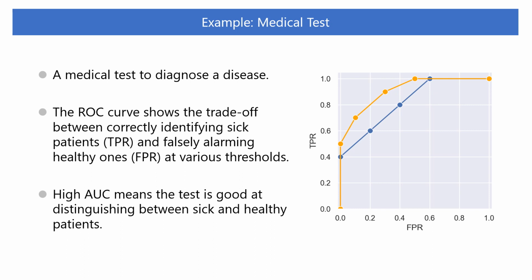The ROC curve will show the trade-off between correctly identifying sick patients and falsely alarming healthy ones at various thresholds. In this case, correct identification is true positive and false alarm is false positive. A high AUC would mean that the test is generally good at distinguishing between sick and healthy patients.